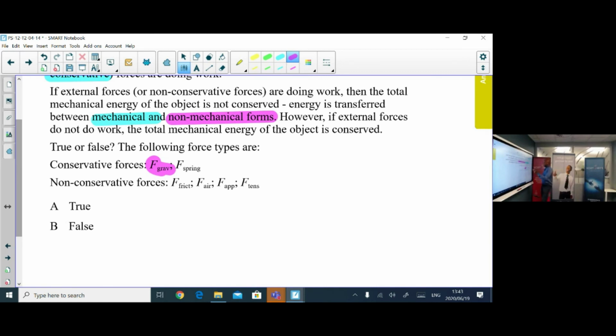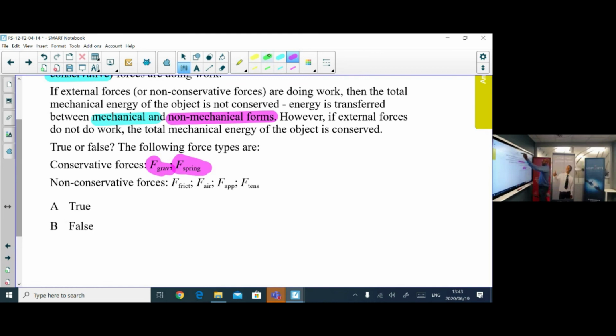This one is correct. What about the spring? If you release a spring, it will come back to its original position where it started. This is correct.